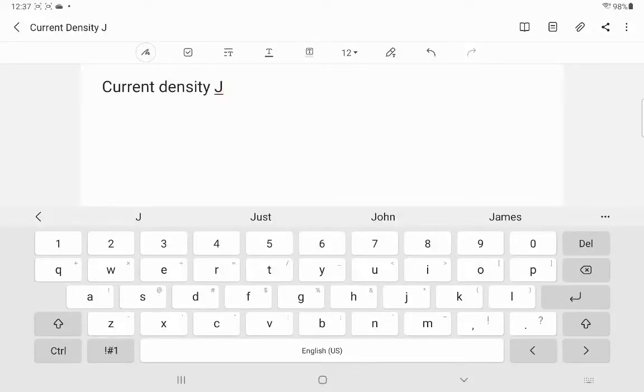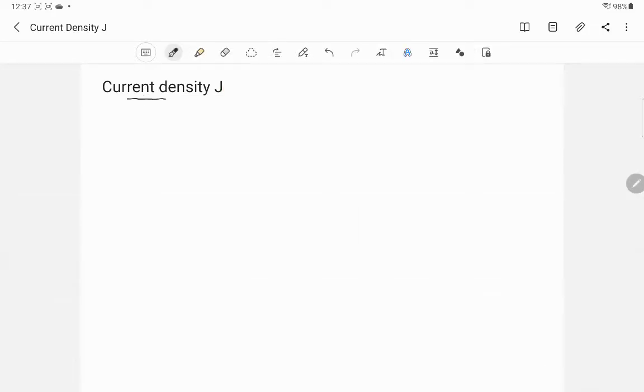Hi, this lecture is an introduction to an aspect of electric current referred to as the current density. The current density is going to be given the symbol capital J. Let me tell you that the current density is itself going to be a vector, and in general it can vary over space.